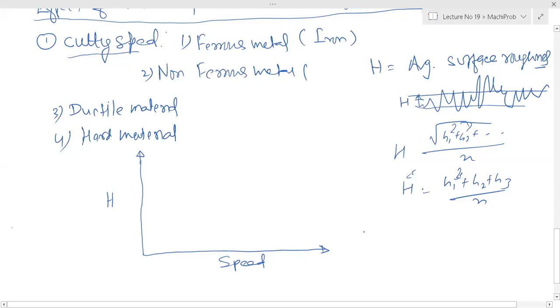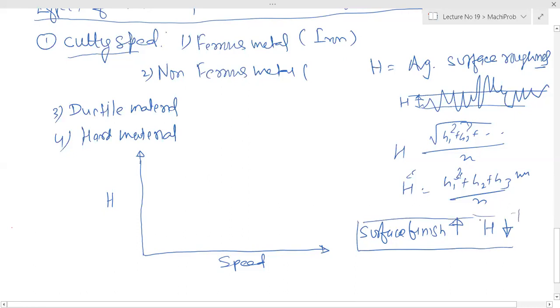And one more thing, if I say surface finish is good or surface finish increases, it means H decreases. It always means the height decreases. Surface finish good means H is less. Surface finish increases, it means your H value decreases, and vice versa.